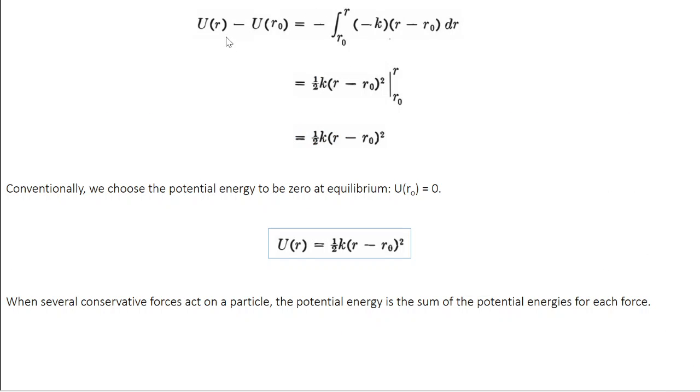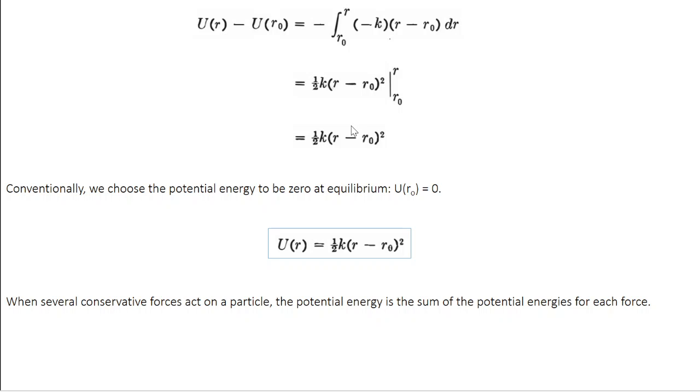So I can apply the energy law here. Changing potential energy, U of R minus U of R0 equal to negative integral R0 to R of F of R dr, which is minus K (R minus R0) dr. So you apply the limits, you get half K (R minus R0) square.